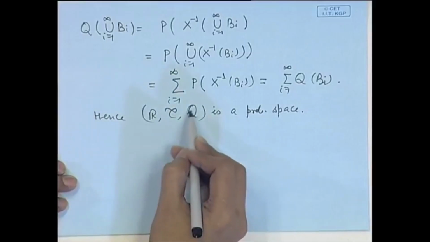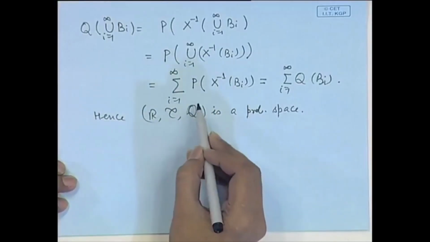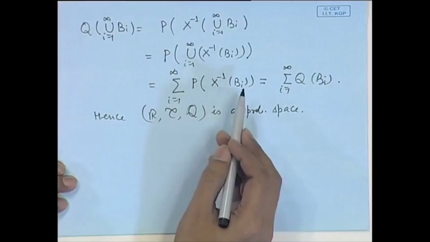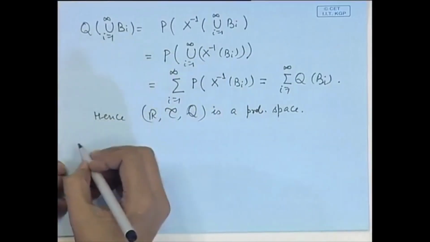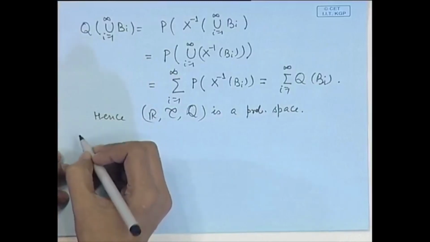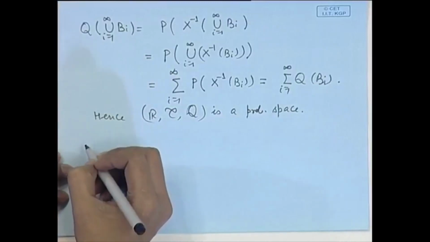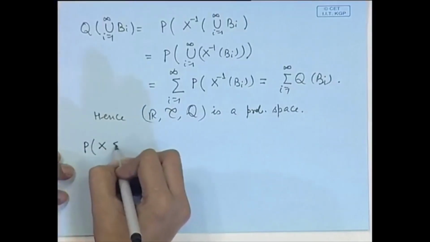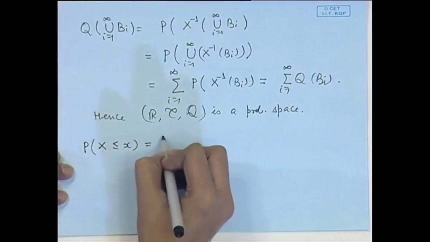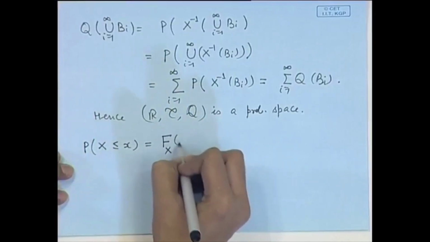Since Q is a set function and here I am looking at the real numbers, there is another function which we consider conveniently and it is called the distribution function. We define the probability of X less than or equal to x as, say, F_X(x).